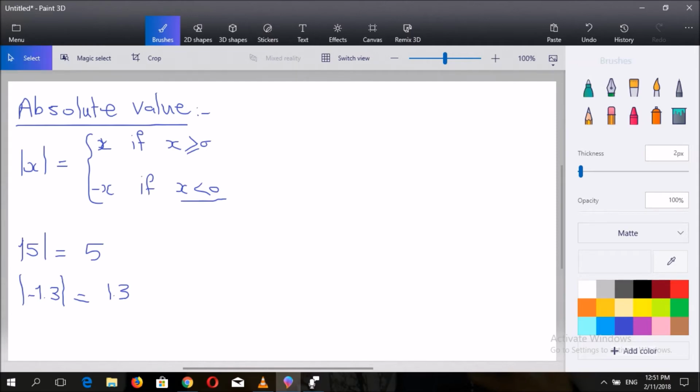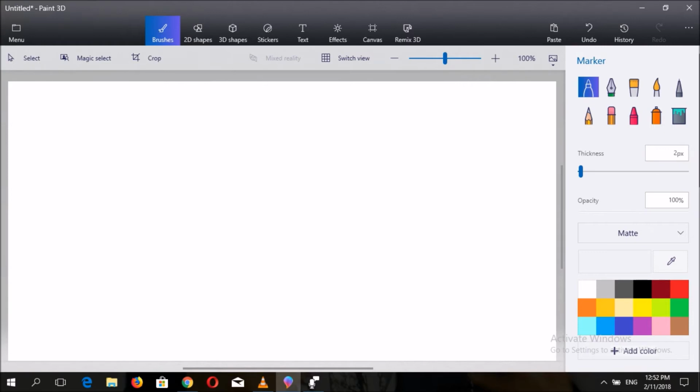This is the symbol that we use in order to represent the absolute value of a number. Suppose that we have a number x, any real number, whether it is an integer, rational, or any other number. In order to express the absolute value of this number, we put it inside two parallel vertical lines like this. This is the expression that we use to represent the absolute value of a number.